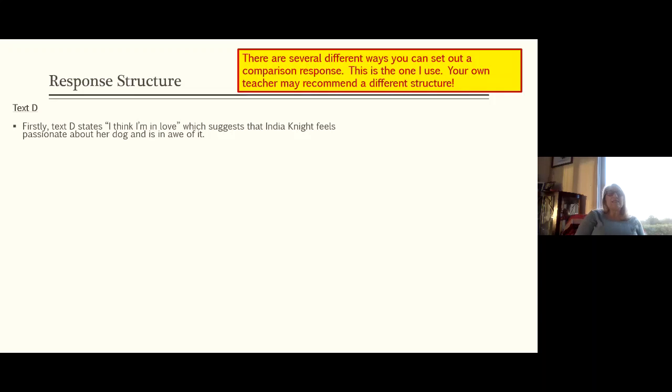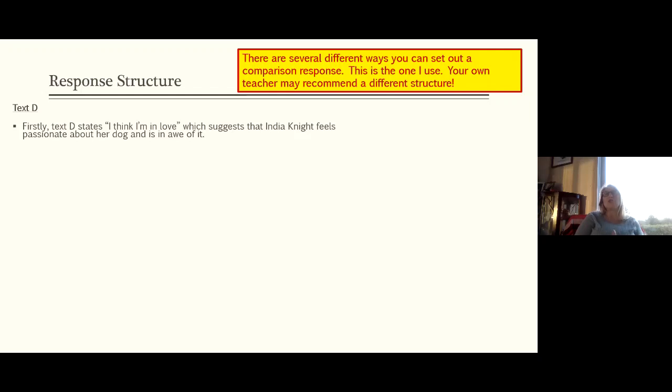So firstly, text D states, "I think I'm in love," which suggests that Indian Night feels passionate about her dog and is in awe of it. Okay, so I'm using my evidence. I'm telling you which text it refers to because I've used my subheading, and I'm telling you what she feels about the fact that she loves her dog.